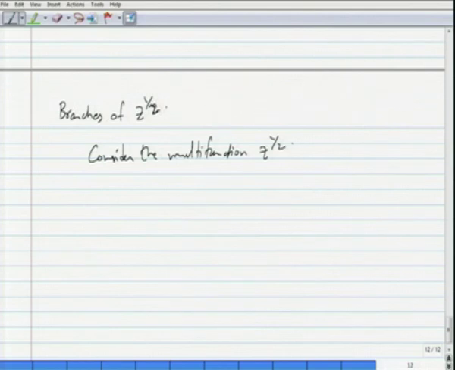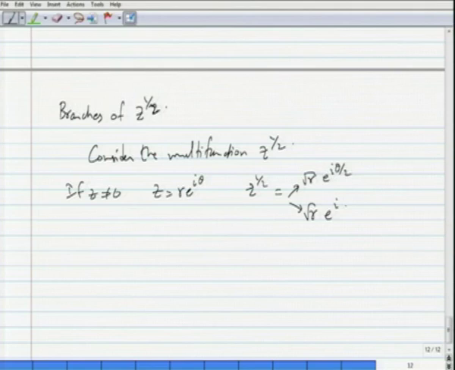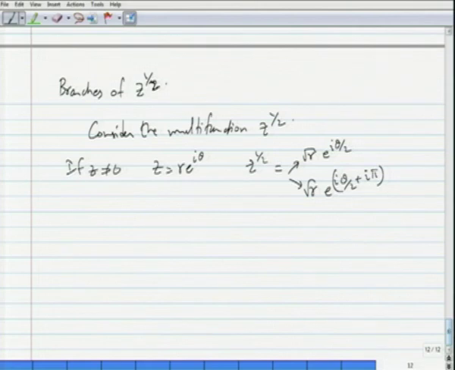I am calling it a multifunction because if z is not equal to 0 and z is r e^(iθ), z power half can be either square root r e^(iθ/2) or it can be square root r e^(iθ/2 + iπ), which is i 2π by 2. Okay. So, we have two possible values of z power half, and so it is a multifunction.